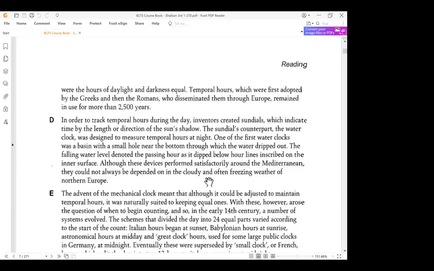It was designed to measure temporal hours, the first water clock, a basin with a small hole near the bottom, measuring the falling water. So this is a description, in detail.